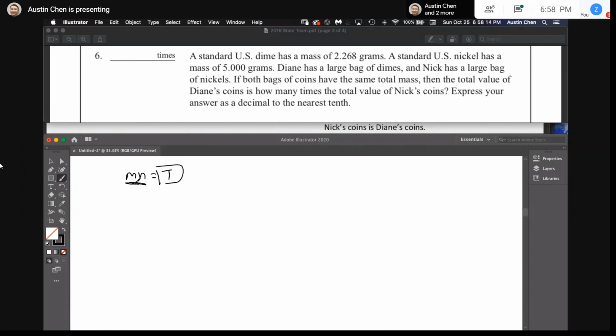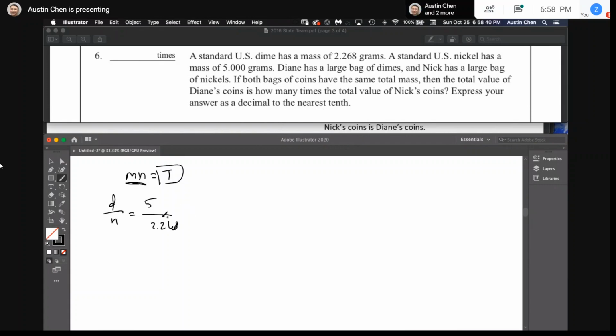So then the mass and the number of coins you have are inversely proportional, which means that if we have this ratio of mass first, we can flip it to get the ratio of number, right? So then we know the number of dimes over nickels has to equal 5 over 2.268.